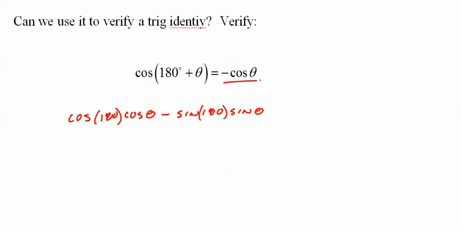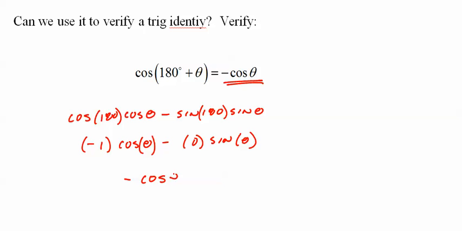We'll leave this side alone. Just see where this takes us. That's negative 1 times cosine of theta. That's 0 times sine of theta. I like putting parentheses around everything. I know, I'm a geek. Done. Verified. Plug and chug.